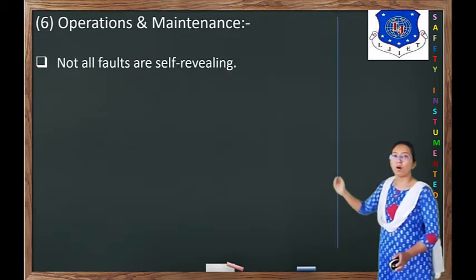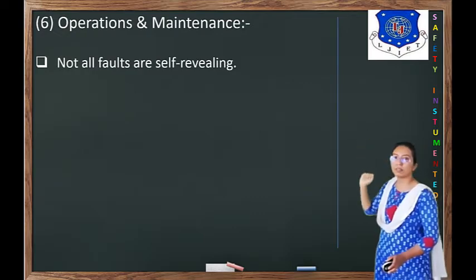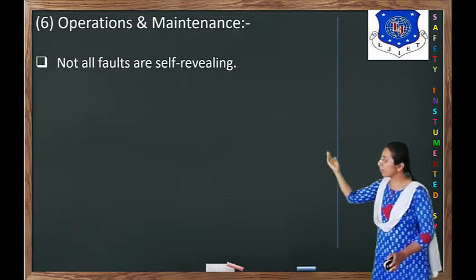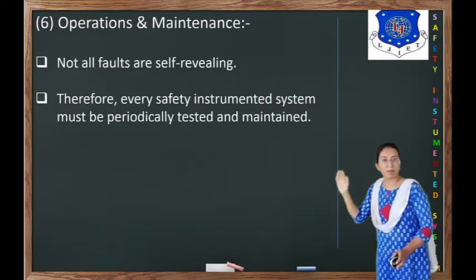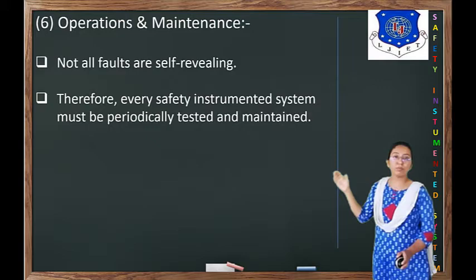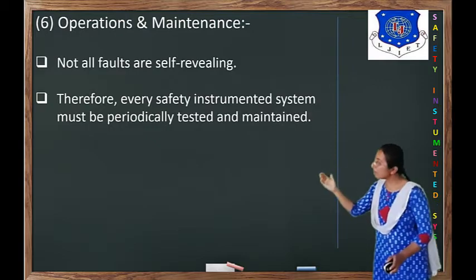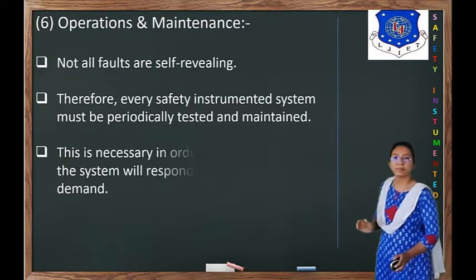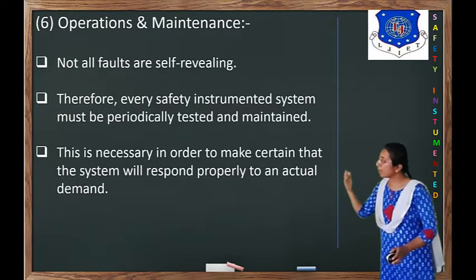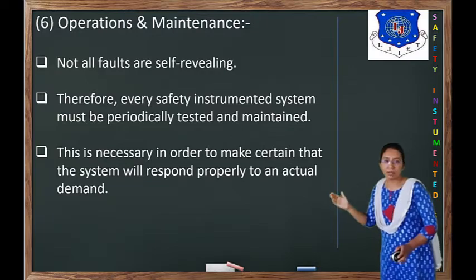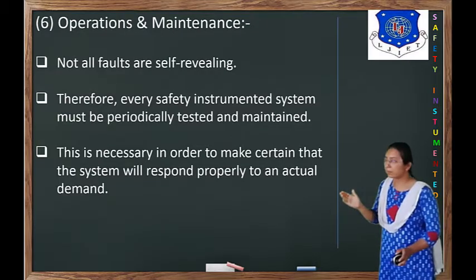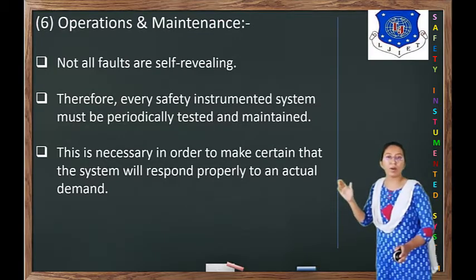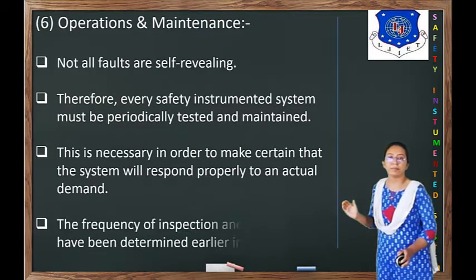Number 6, operations and maintenance. Not all faults are self-revealing. Therefore, every safety instrumented system must be periodically tested and maintained. This is necessary in order to make certain that the system will respond properly to an actual demand.